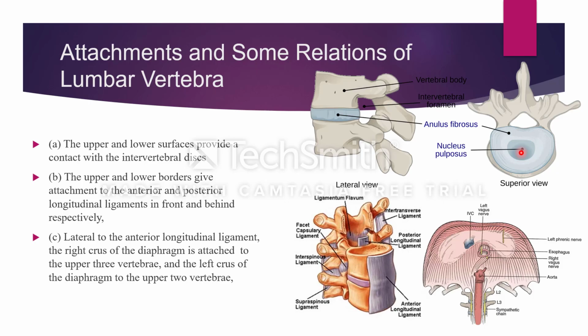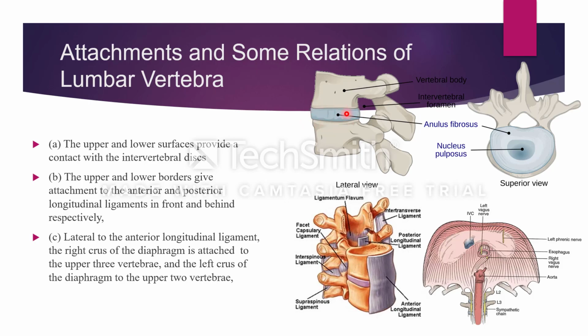Now we will discuss some of the attachments. The upper and the lower surfaces provide contact with the intervertebral disc. See here, this is the lower surface of the vertebra above and this is the upper surface of the vertebra below. So this intervertebral disc is attached to the upper and lower surface of the vertebra.